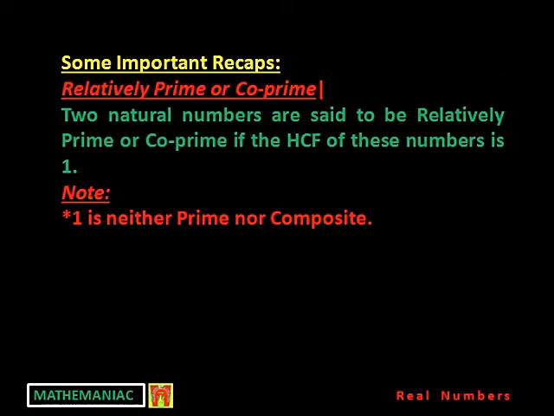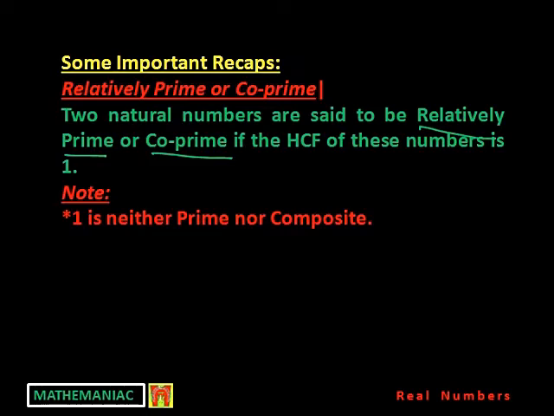Next, some important recaps again. Relatively prime or co-prime. Both give you the same meaning. Two natural numbers are said to be relatively prime or co-prime if the HCF of these numbers is 1. Be very sure you need not have both natural numbers to be prime numbers.